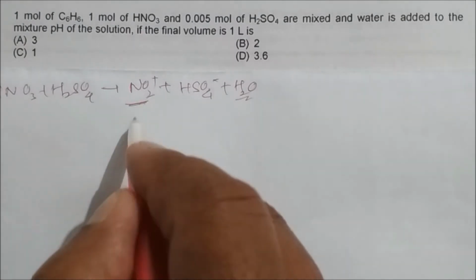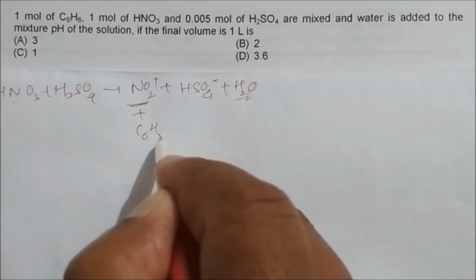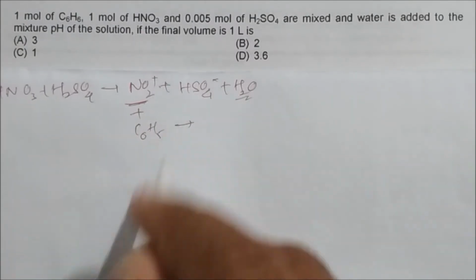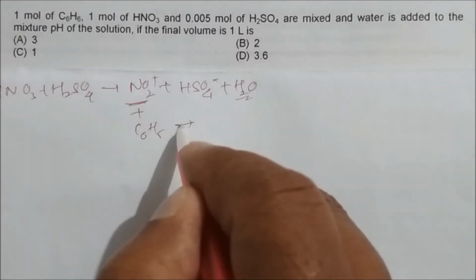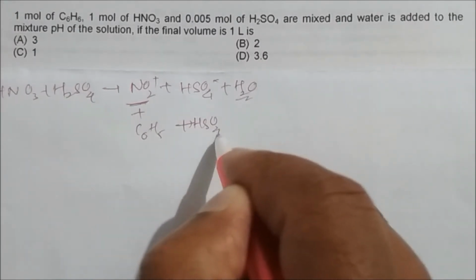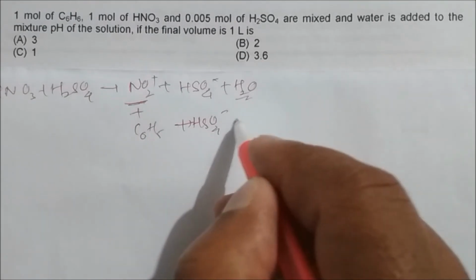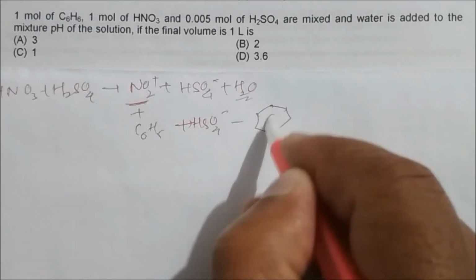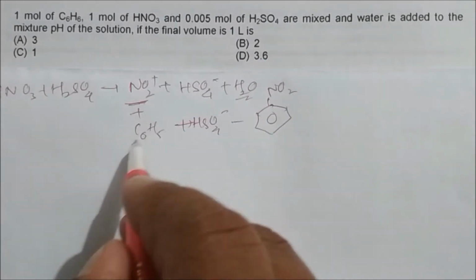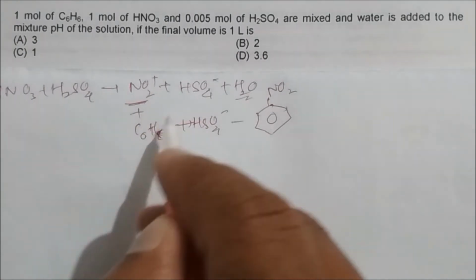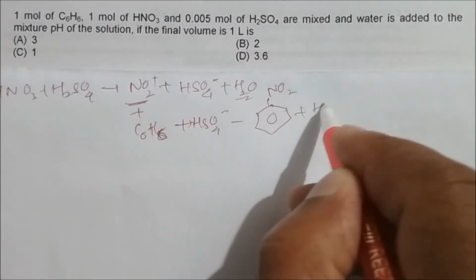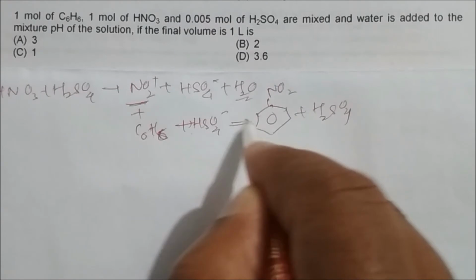Now this will react with the benzene, C6H6. In the presence of HSO4-, both will react. This will form nitrobenzene, and hydrogen from the benzene will be given out. So H2SO4 is regenerated.